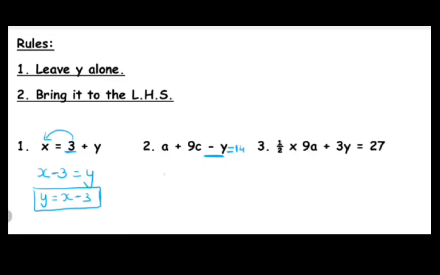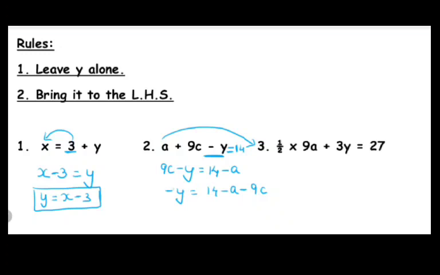Alright, one by one, let me deport all the others. So first I'll take this A on the other side. So a positive A becomes a negative A. So 9C minus Y is equal to 14 minus A. Let's bring 9C, a positive 9C on the other side, and we are left with minus Y is equal to 14 minus A minus 9C. What about this minus sign now?